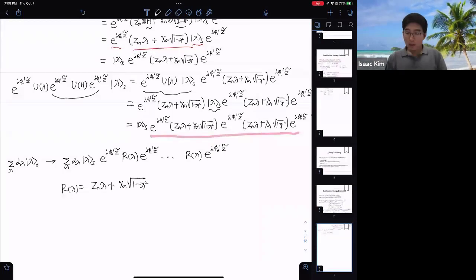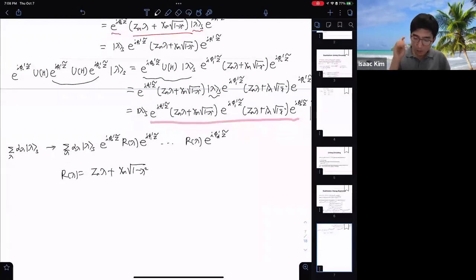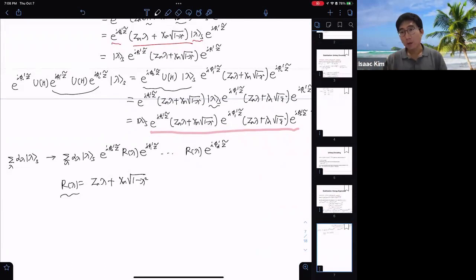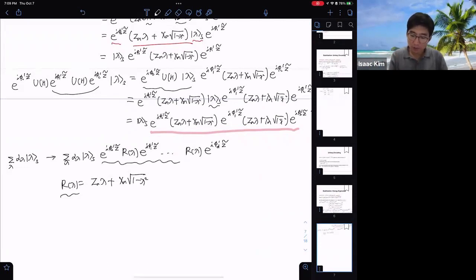And one thing that I will soon show you is that this r lambda is actually a unitary single qubit operator. So once you fix the energy eigenstate lambda, essentially the problem that you have at your hand is just a single qubit problem.